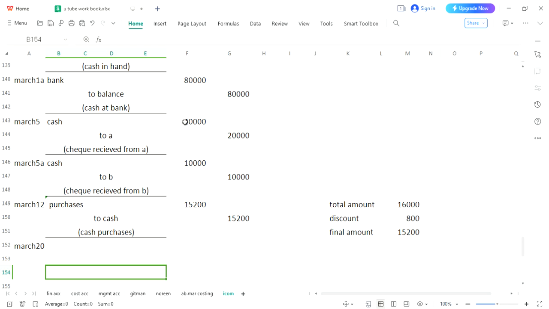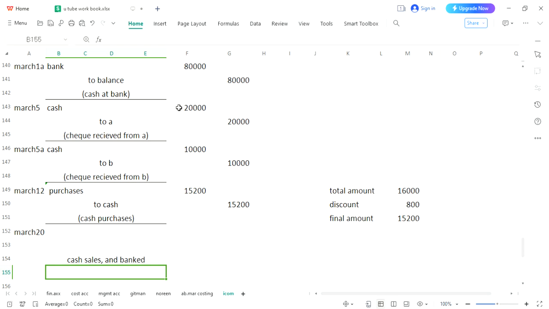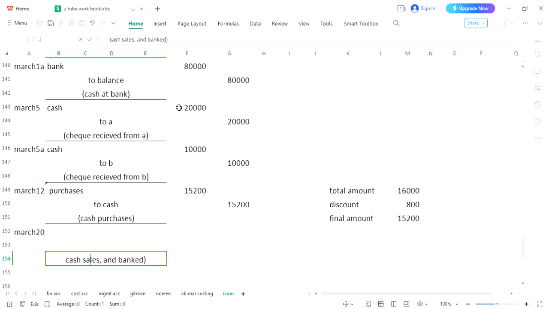So you may write cash sales and banked. What does that mean? You have sold goods for cash and that cash was immediately deposited into the bank.